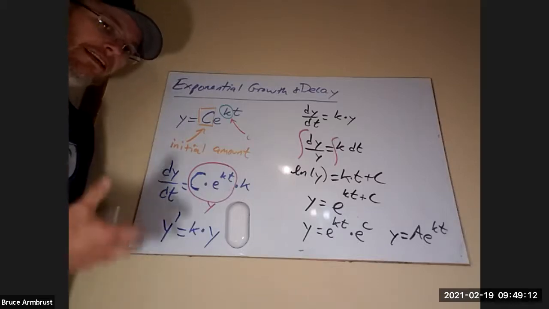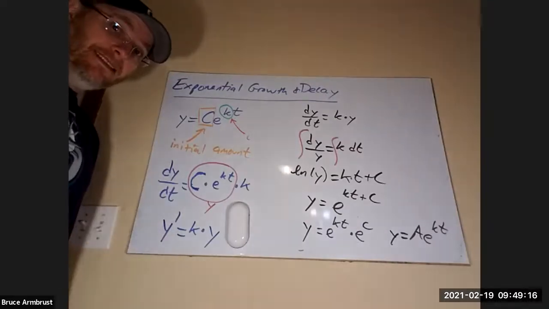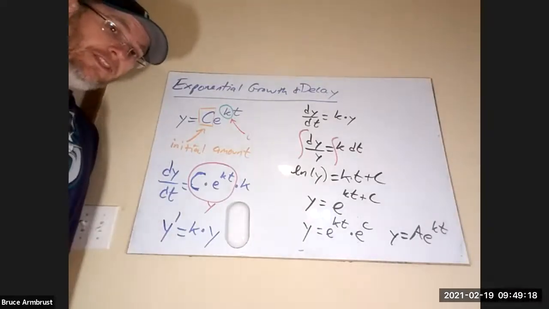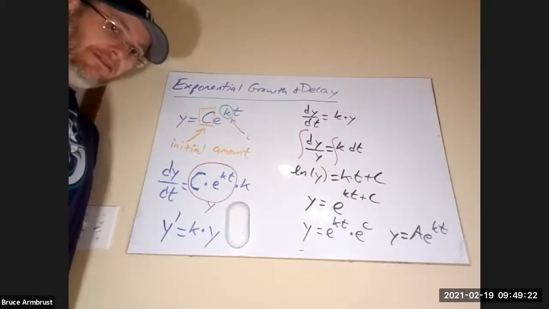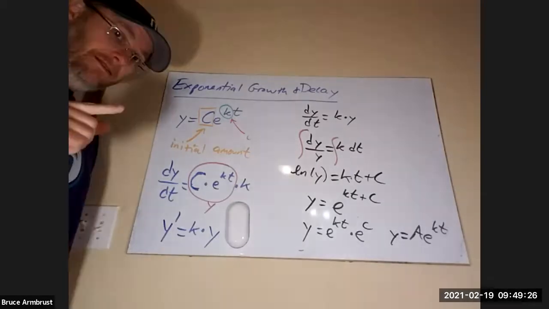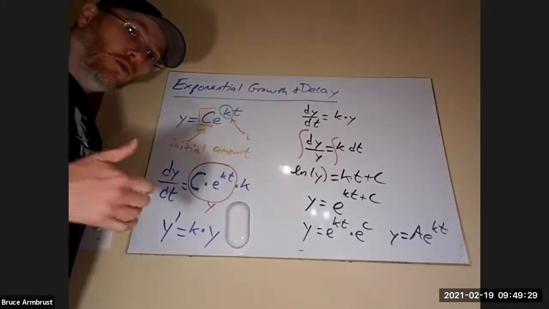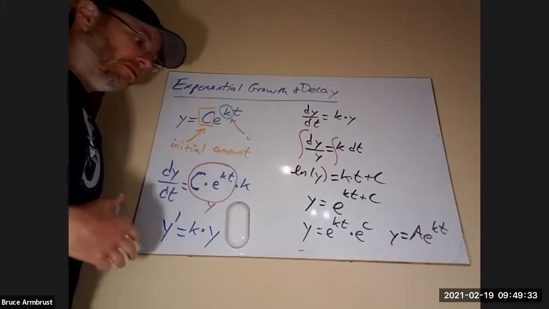So that's a key phrase you're going to want to look for. If you see something that says the rate of change in this quantity is proportional to the amount of the quantity, like that, that's a trigger. That should be a trigger that goes, ooh, this is exponential growth. Okay.